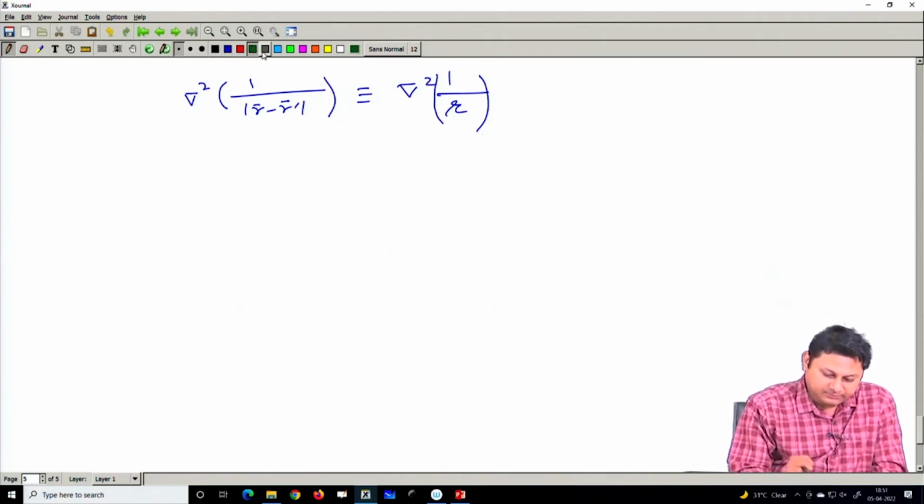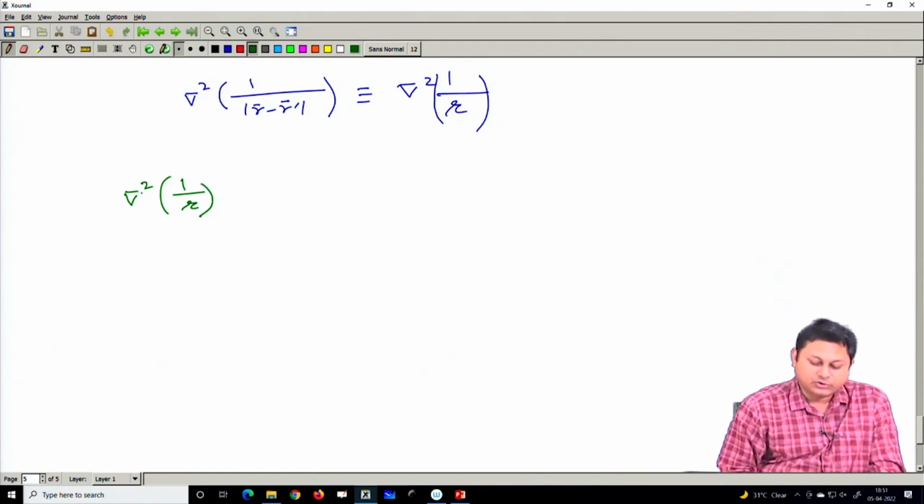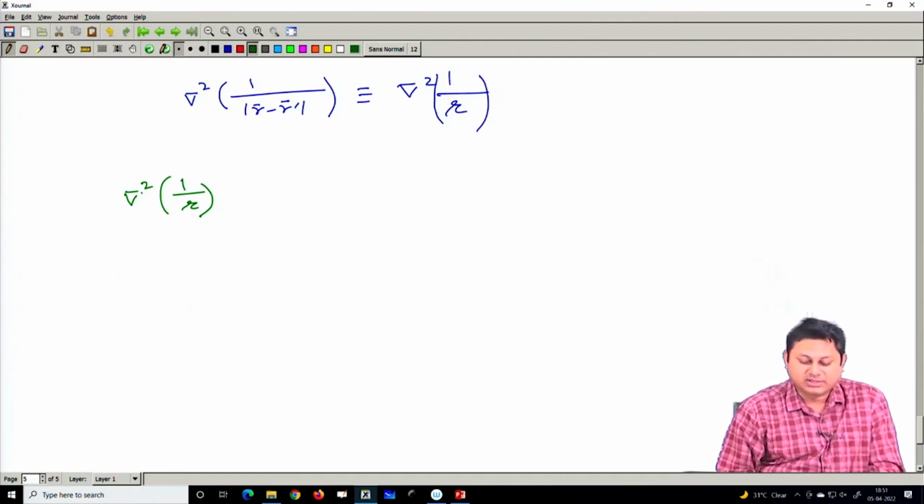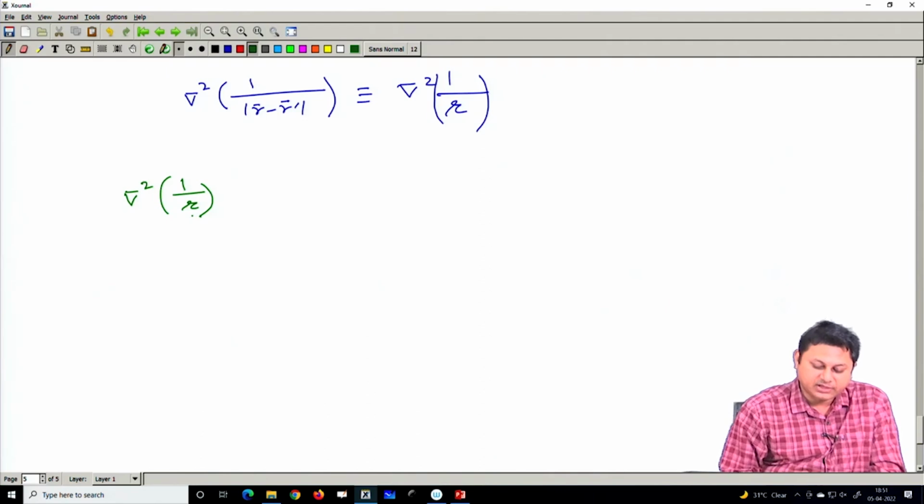Now, this Laplacian I am operating over the function 1 divided by r. So, this Laplacian operator should be in the spherical polar coordinate system, because my function, 1 by curly r, is in spherical polar coordinates. Also, theta and phi are not there, so the derivatives with respect to theta and phi will not play any role here.